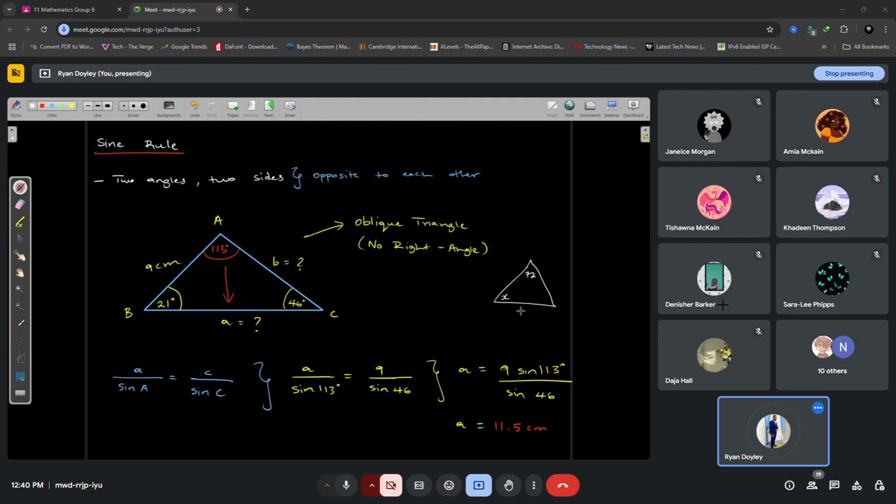This would be 12 and 5, something like that. And we're trying to find x. In this case, we would have to resort to sine inverse, because that's when we use the inverse of sine, when we're trying to find a missing angle. But when we're trying to find a missing side, we won't need to go to the inverse of sine. And remember, these are only used for non-right angled triangles, also known as oblique triangles.